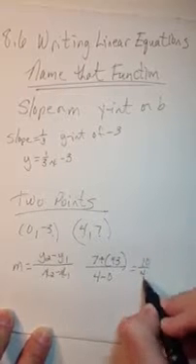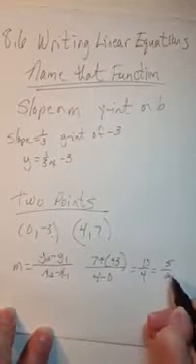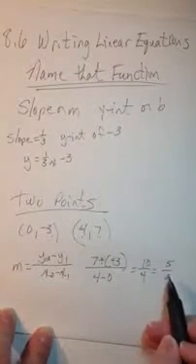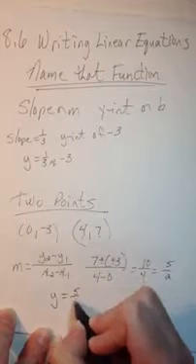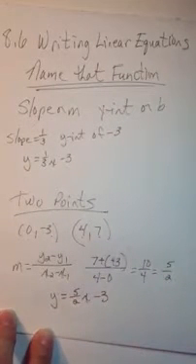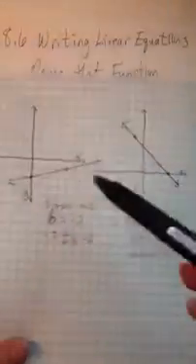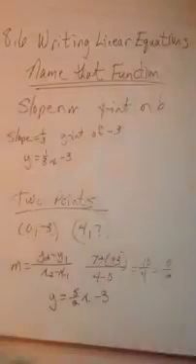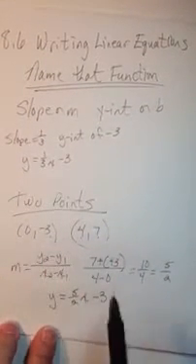I get 10 over 4, which I can simplify to 5/2. So I know my slope. What's my y-intercept? -3. Y equals 5/2 x minus 3. So I can do this if I'm told the information. I can figure out the information from a picture. I can figure out the slope and the y-intercept if I'm given 2 points.